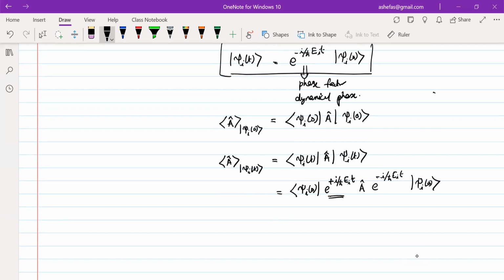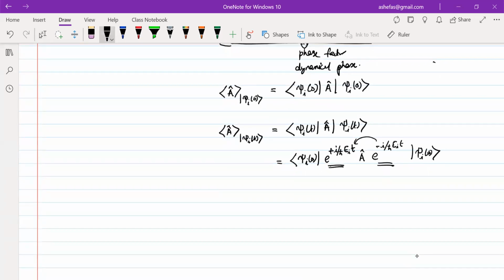Now this is just numbers. Remember Ei is just an energy eigenvalue, it is not an operator, so the number always commutes with the operator. So we can take this to the left side and they will cancel. e raised to plus i by h cross Ei t and e raised to minus i by h cross Ei t cancel each other. Therefore the result would be psi i of 0 A psi i of 0.